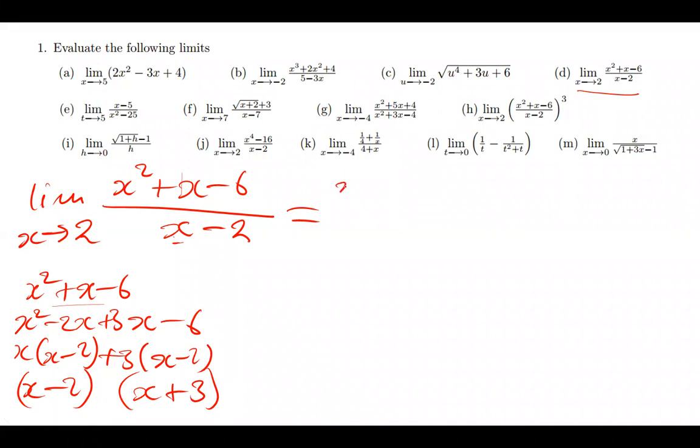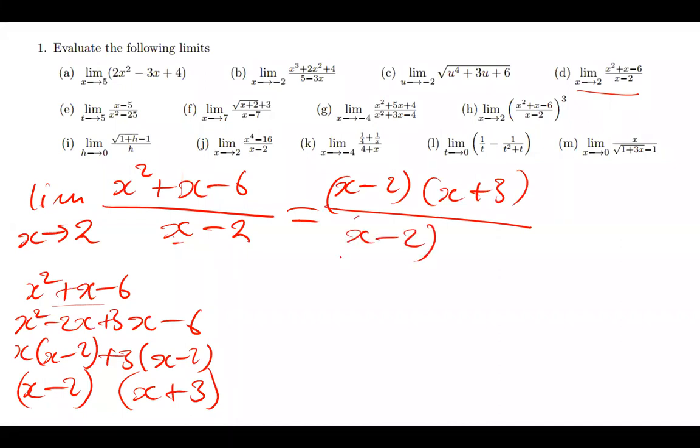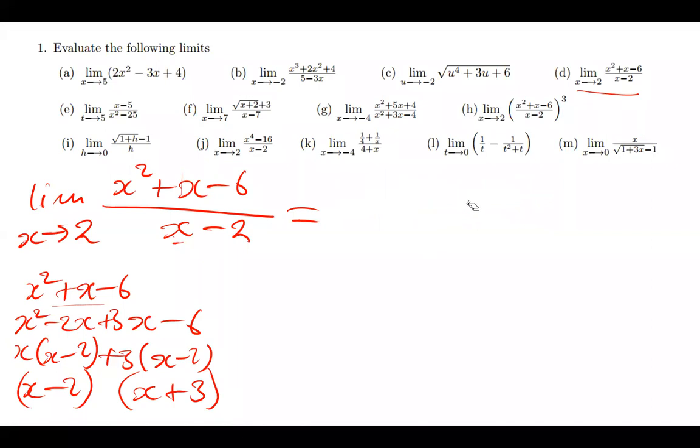So we say x minus 2, and then we have x plus 3, and then divided by x minus 2 there. So you can see that this and that will cancel. Oh, sorry, I forgot to write something. Before we can do that, we have to make sure that we're not leaving out the limit of x when it's approaching 2.